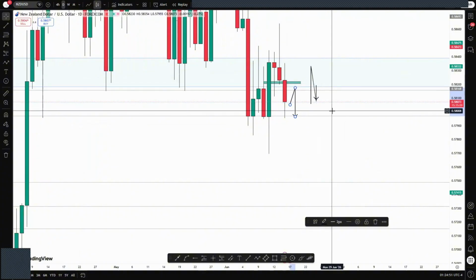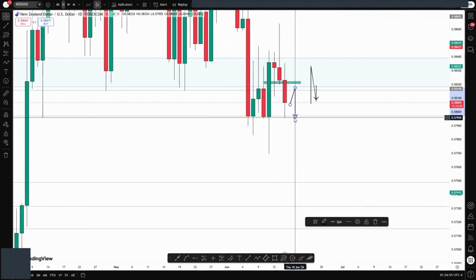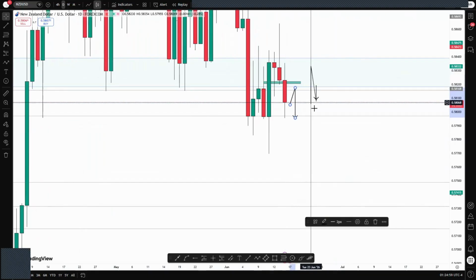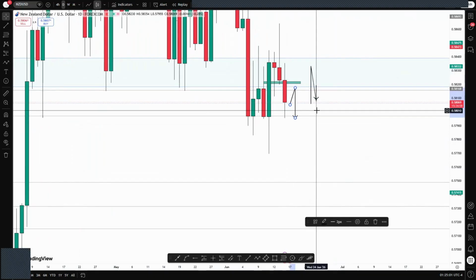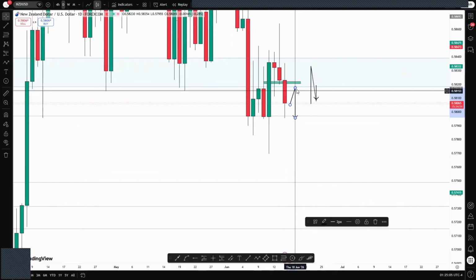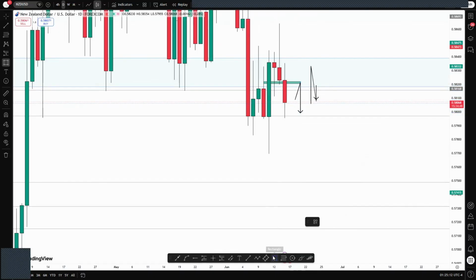What happened was, if price decides not to break below this level and decides not to retest, price ends up having a break below here.